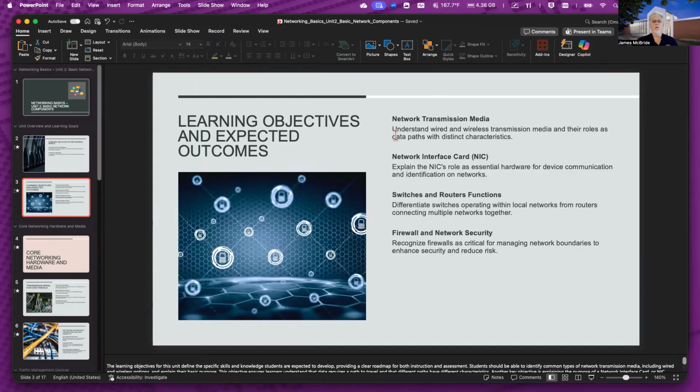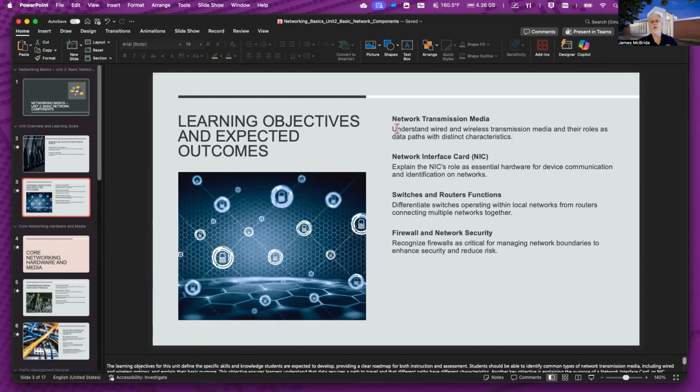We're going to get into the transmission media, the network interface cards, the differences between switches and routers, and then what firewalls are doing. Firewalls are such a big thing that we've got another unit coming up on them. That's when we start to get into how you protect yourself, so that'll start in the next unit.